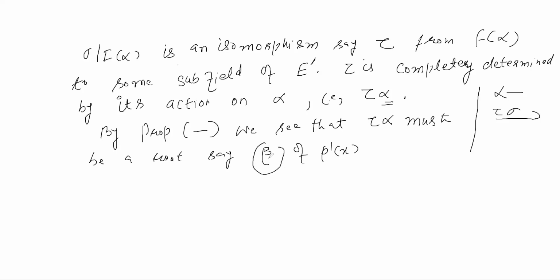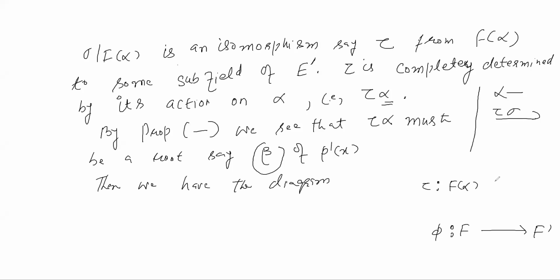So then we have this diagram, which actually represents all this discussion. Here you have phi, which is from F to F dash. Then you have tau, which is from F alpha to F dash beta.